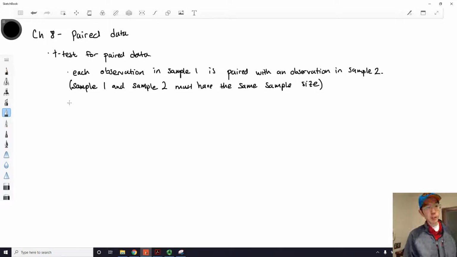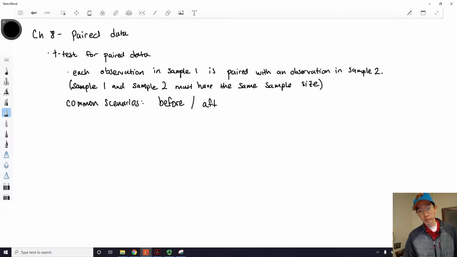So common scenarios are before and after measurements. Every before measurement is paired with an after measurement.